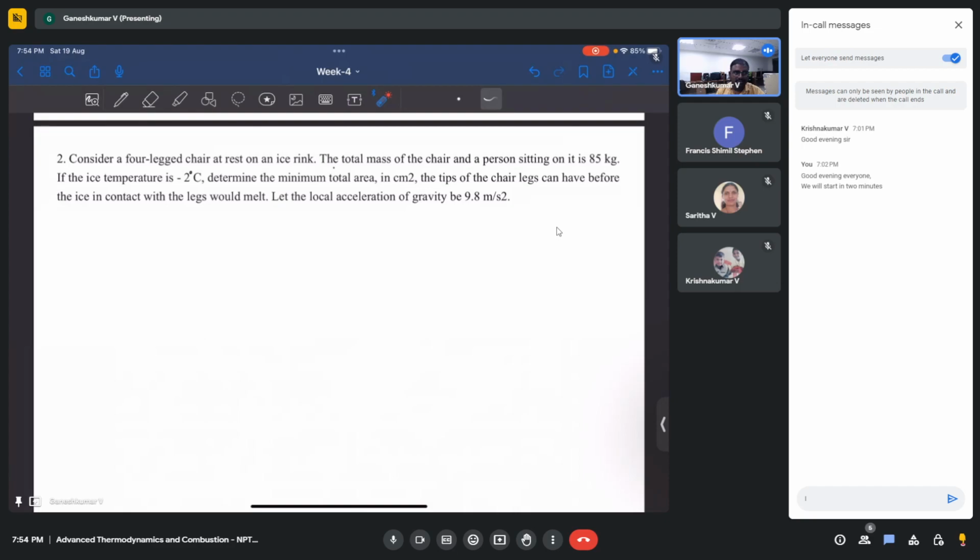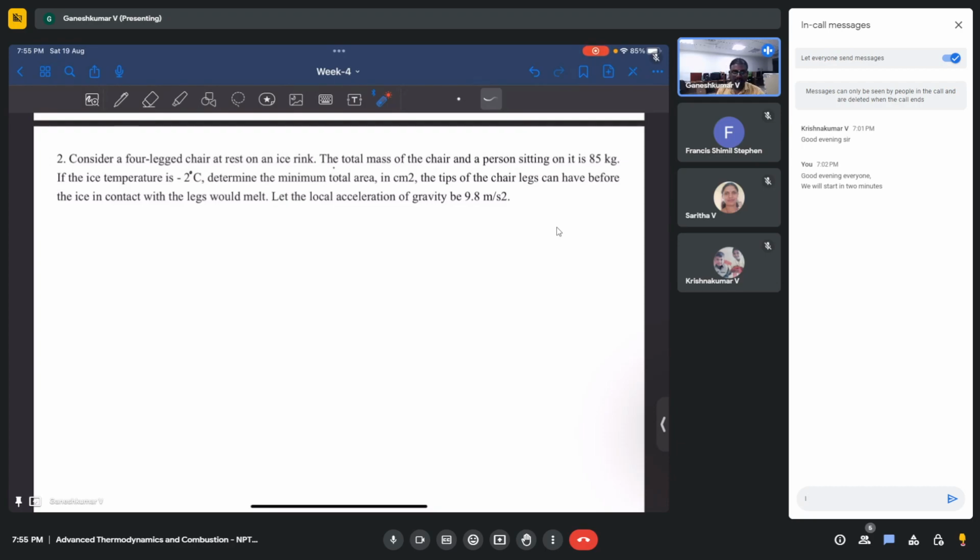In those places the pressure would be more. Because of that, there is a possibility that ice could melt or the temperature could vary, because of pressure. So they were asking what would be the minimum area of that chair such that this ice won't melt, which means what it tells.